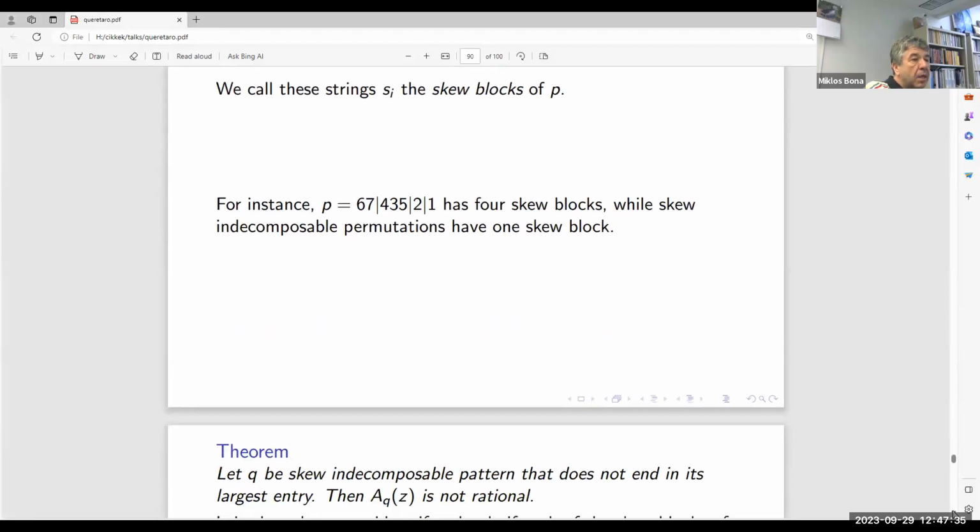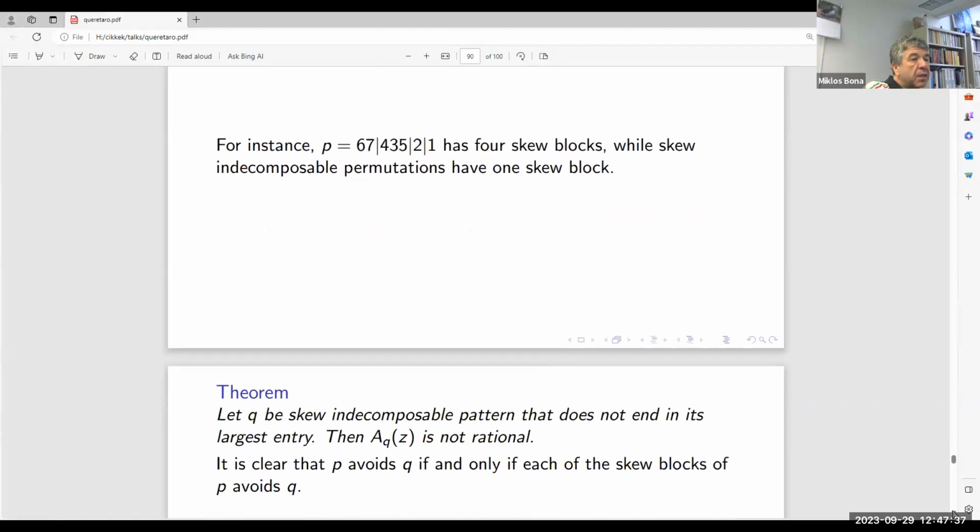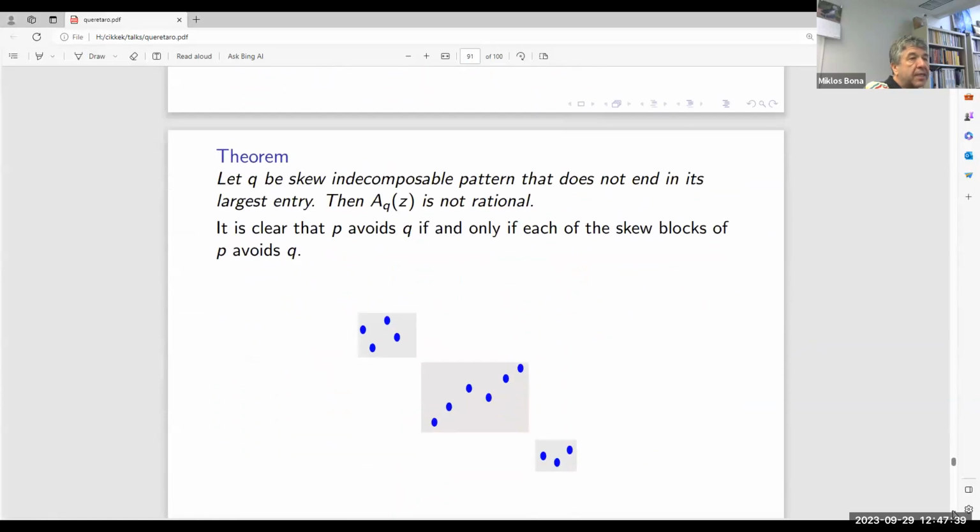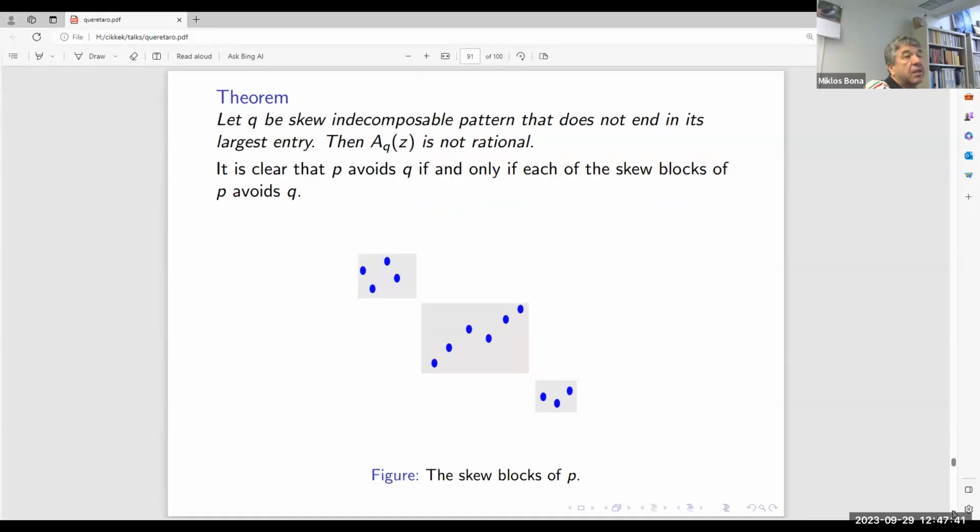Okay. So now let Q be a skew indecomposable pattern that doesn't end in its largest entry, then its generating function is not rational. I will later weaken this, and we will have the non-rationality for an even bigger class of permutations. Here is the idea. If your pattern is like that, then in order for the whole permutation to avoid your pattern, each of the blocks has to avoid the pattern.